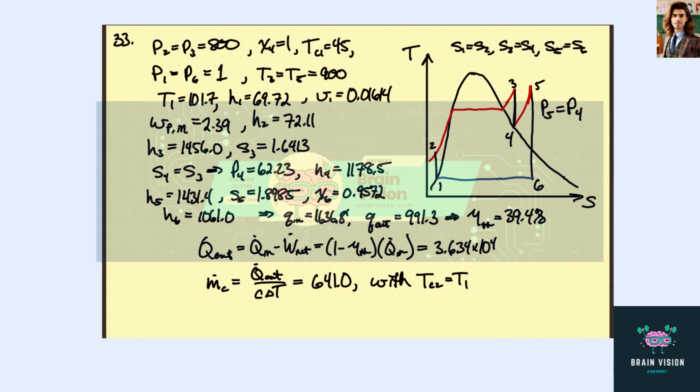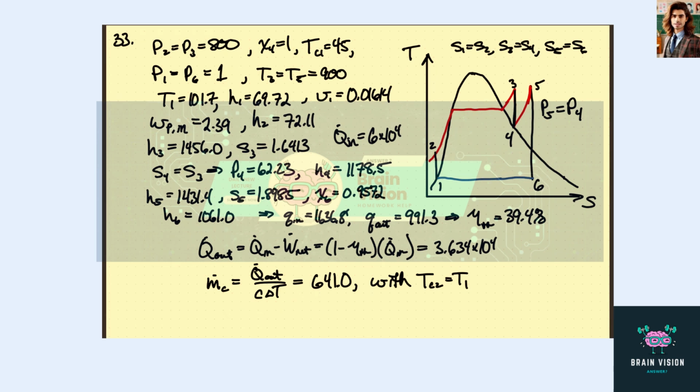I'm trying to figure out why we have, oh, we were told this. I must not have written that down here. I should have written that down somewhere. We were told that Q dot in equals 6 times 10 to the 4th BTU per second.